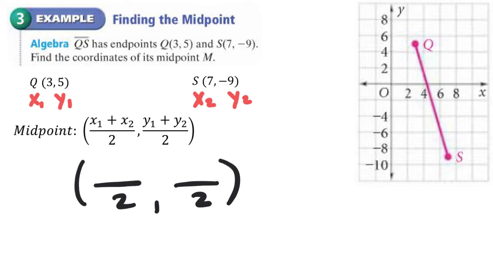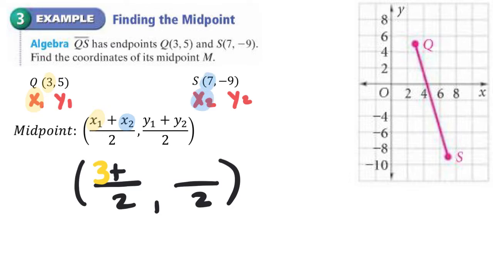So first I need the x1 coordinate, which is 3. So I can fill in a 3 plus the x2 coordinate, which I can fill in as being 7.